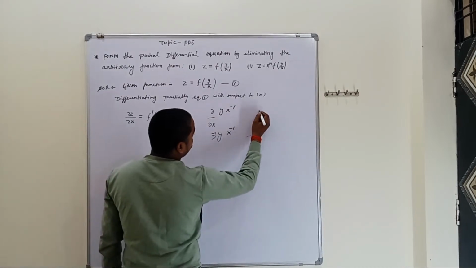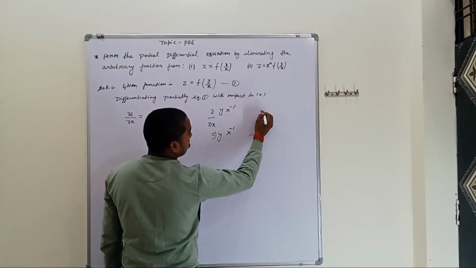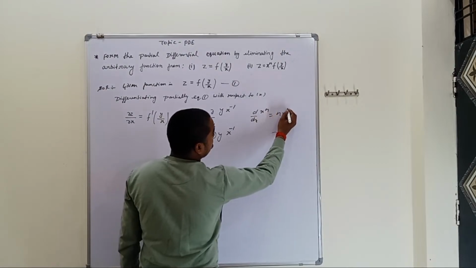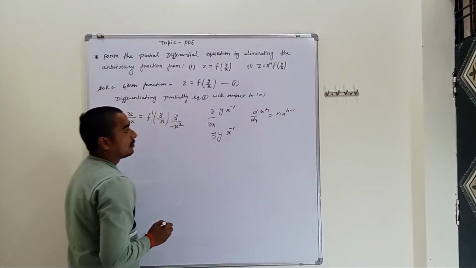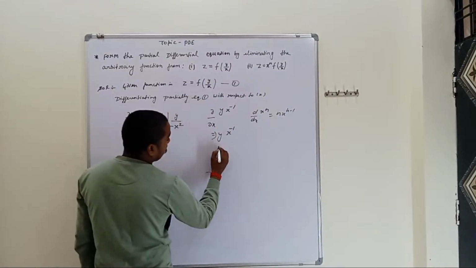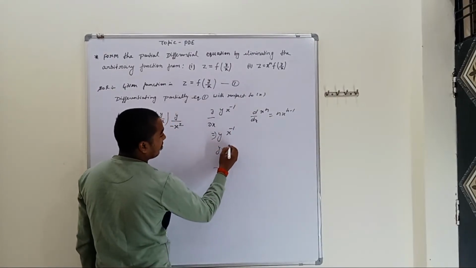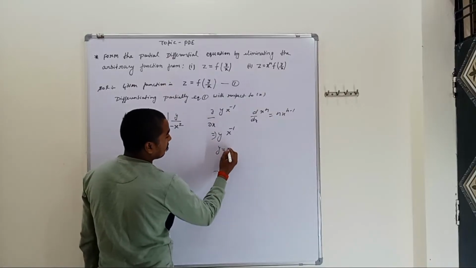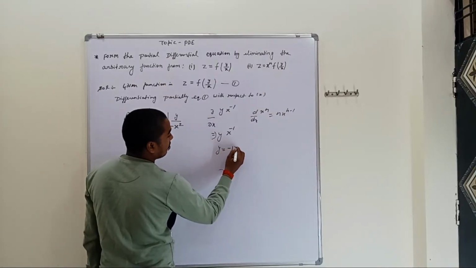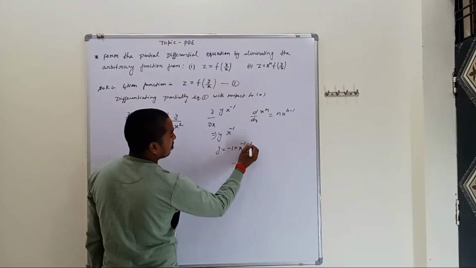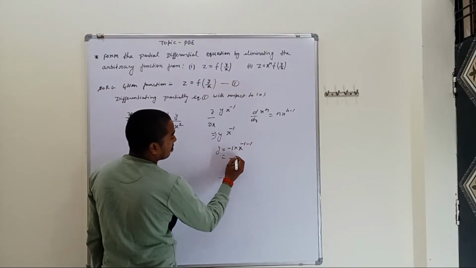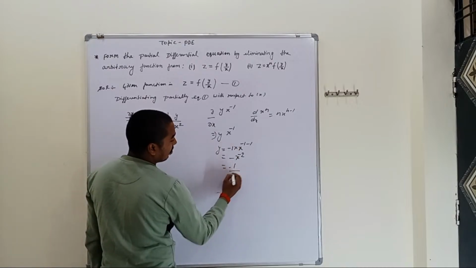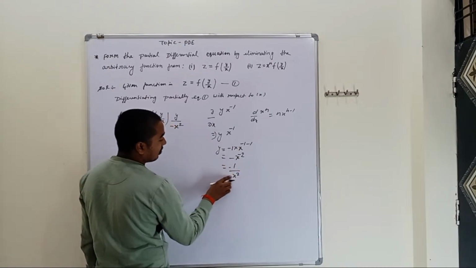Using the formula d/dx of x to the power n is n x to the power n minus 1, we get minus x to the power minus 2, that is 1 upon minus x square.